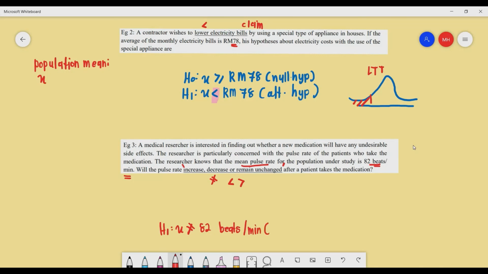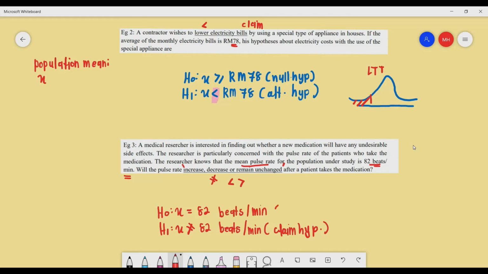This one is what we call the claim hypothesis. He isn't sure whether it will remain, increase or decrease. Therefore, the sign will be not equal. So H naught is opposed to it, which is mu equal to 82 beats per minute.